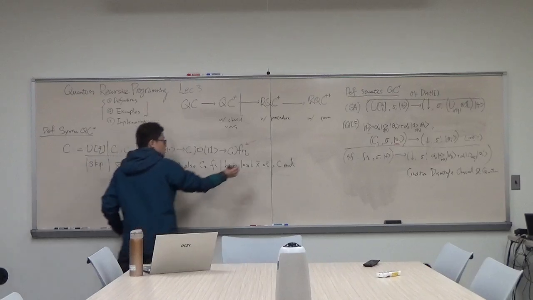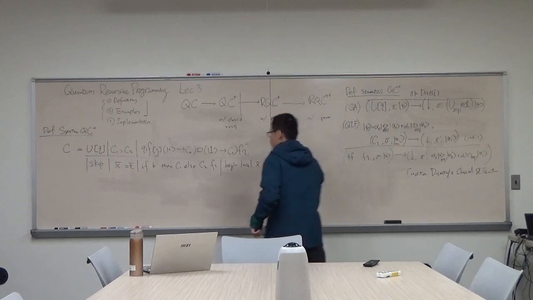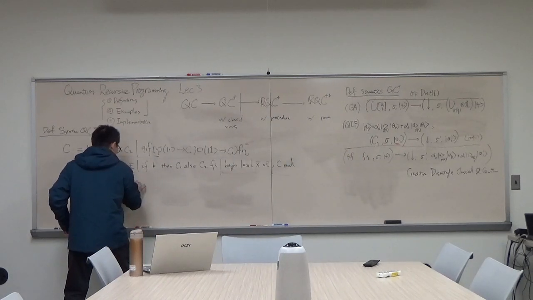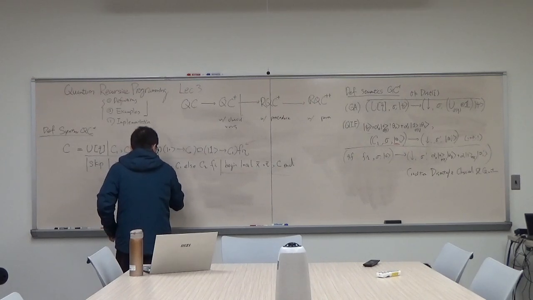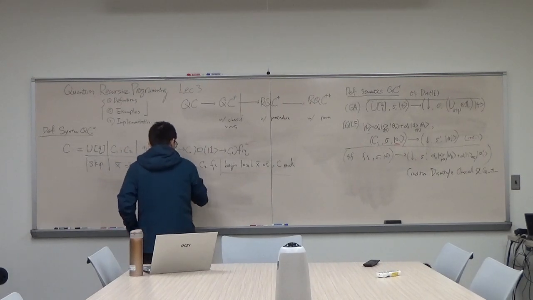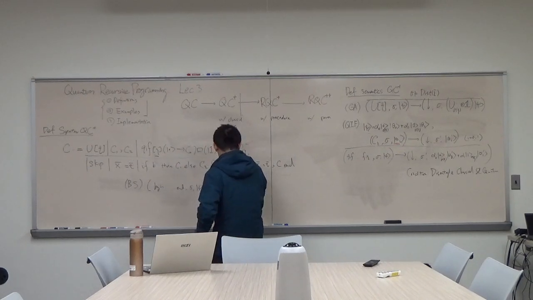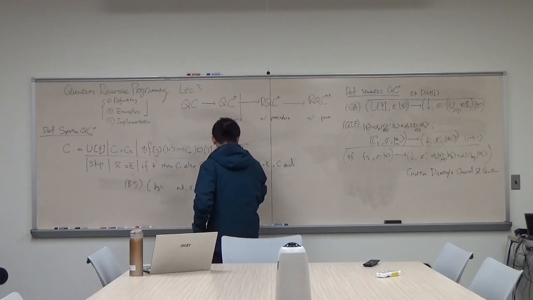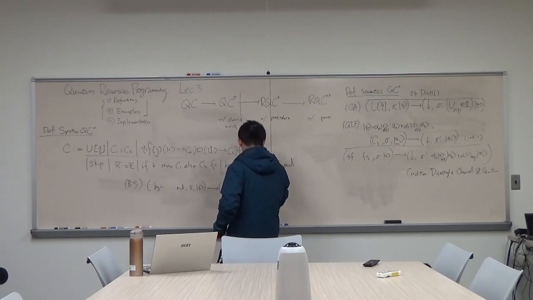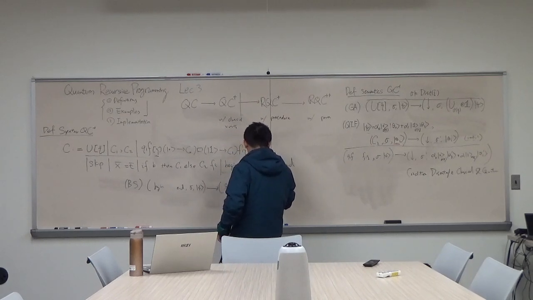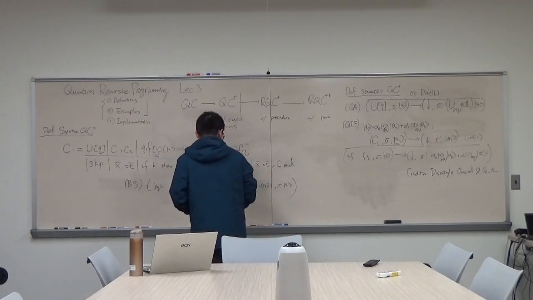Here is the rule for the block statement. For the block statement, the transition will be begin, and sigma keeps aside. It will become x to t prime, and you execute the C, and you reset the original value of x bar. Okay.